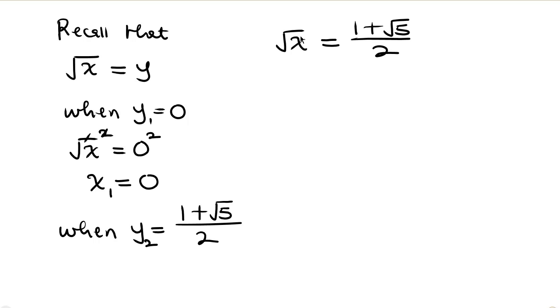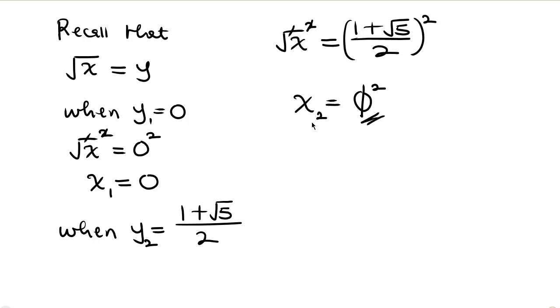And now to get the value of x, I'm going to square both sides. The square cancels out the square root, leaving x equal to, now I'm not going to square this, but I'll just say the golden ratio using its symbol squared. And this is a valid solution for x.